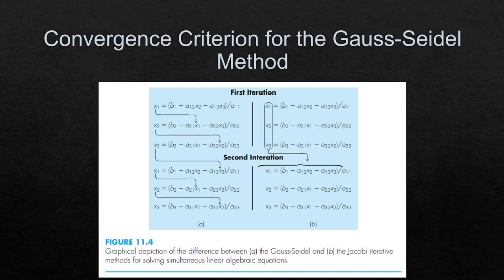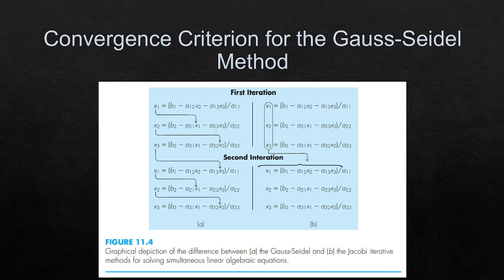So, the convergence criterion for the Gauss-Seidel method. Let's say you already have the equations and you already established the derived and the iteration equations. Say you start with the first iteration, then you get x1, x2. This figure shows Gauss-Seidel and Jacobi.